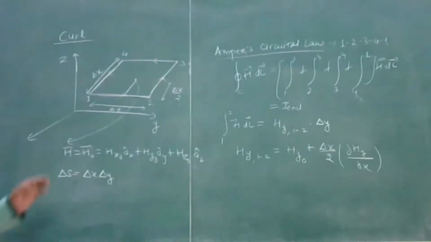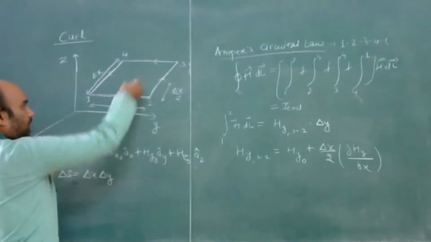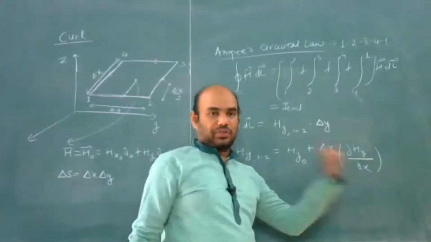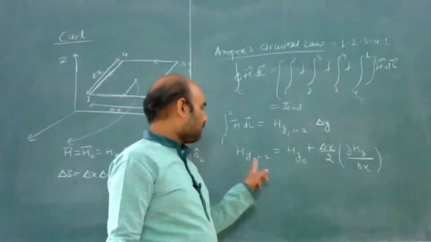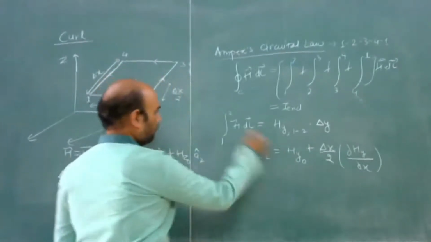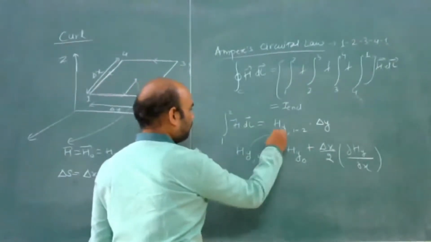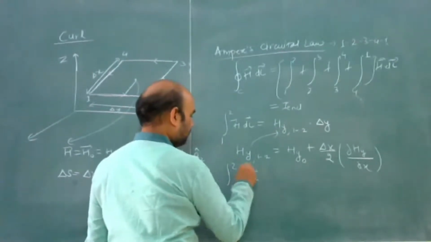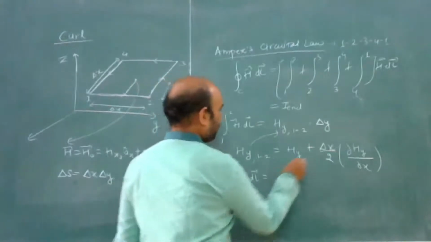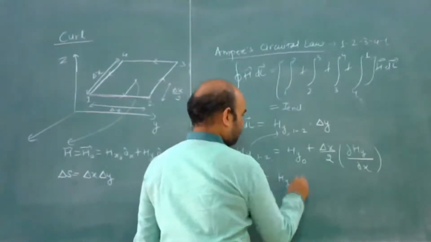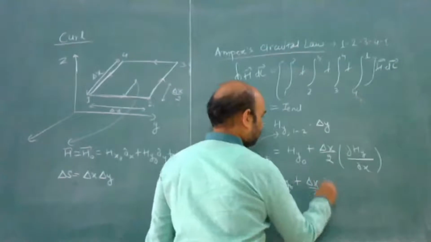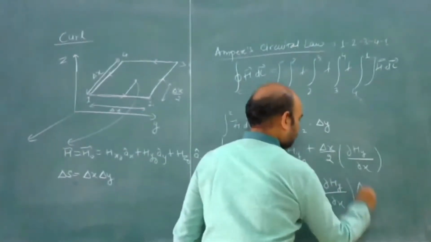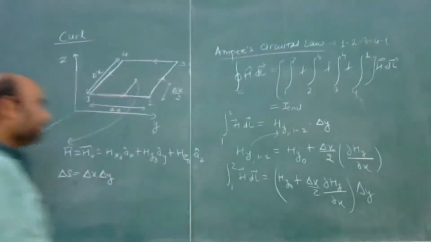Here the value of Hy is changing with respect to x. So substituting, from 1 to 2 of H dot dl is equal to Hy naught plus delta x by 2 times partial derivative of Hy with respect to x, times delta y.